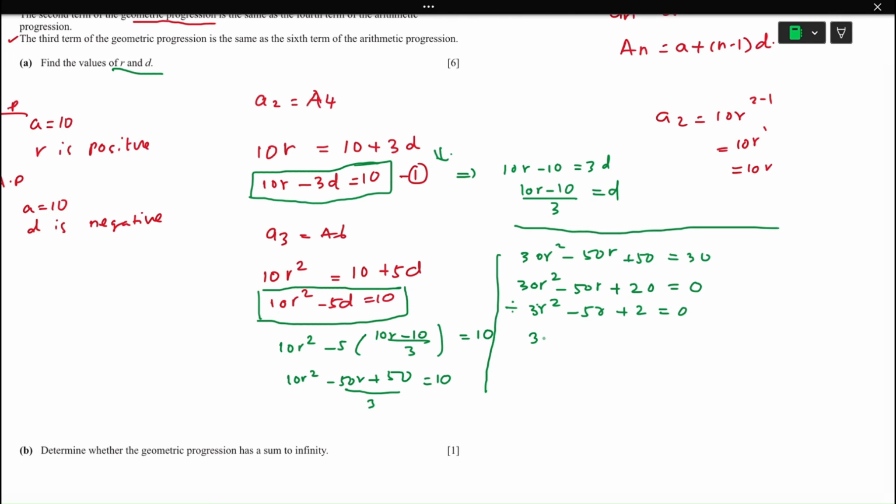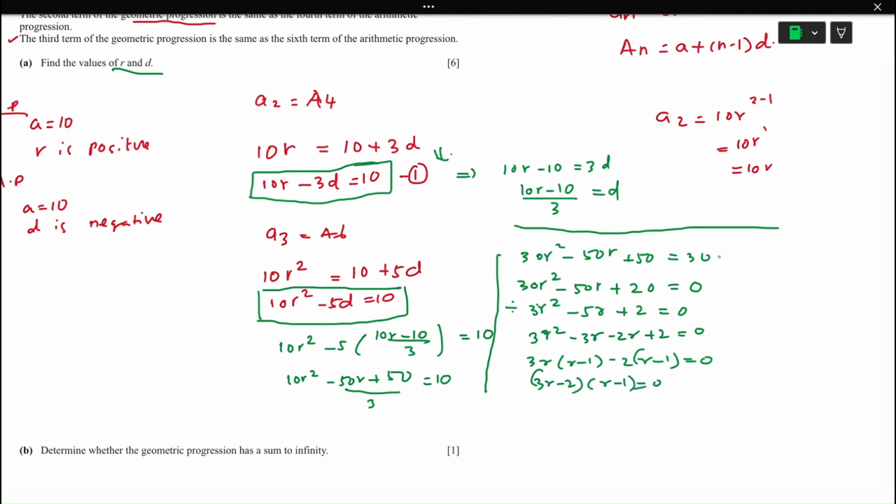So 3r square minus 3r minus 2r plus 2 equal to 0. I'll take 3r outside, r minus 1, and negative 2 times r minus 1, equal to 0. So 3r minus 2 and r minus 1 equal to 0.